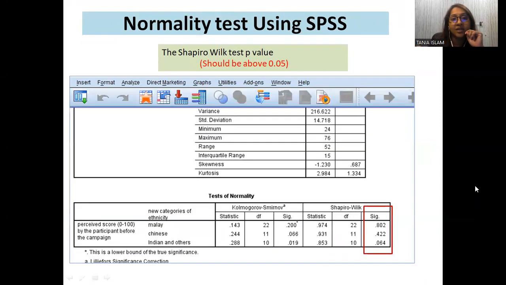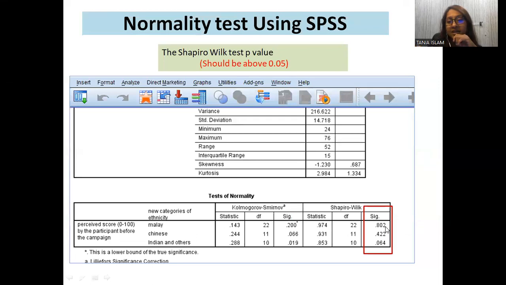Then we check the test of normality. You can see it in your SPSS. Most commonly we use the Shapiro-Wilk test. In the Shapiro-Wilk table you can see the significant p-value, okay. I used different categories, like Malay, Chinese, Indian, and other categories.